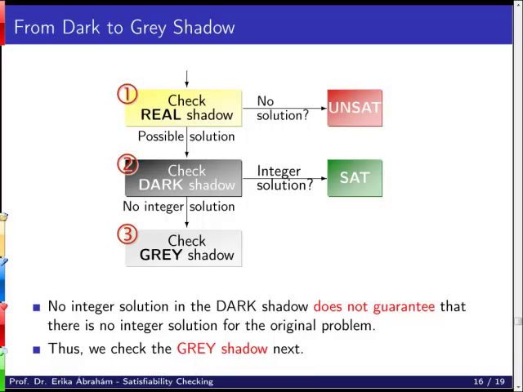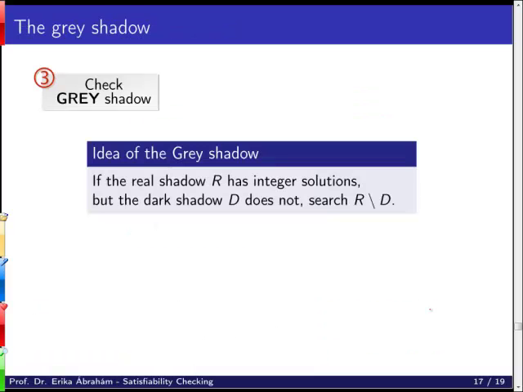And as I said, this gray shadow is computationally more complex because we will check each possible integer value in this gray shadow. So we have the real shadow, we take away the dark shadow, and we will check the real shadow without the dark shadow. Let us just look at what it is.